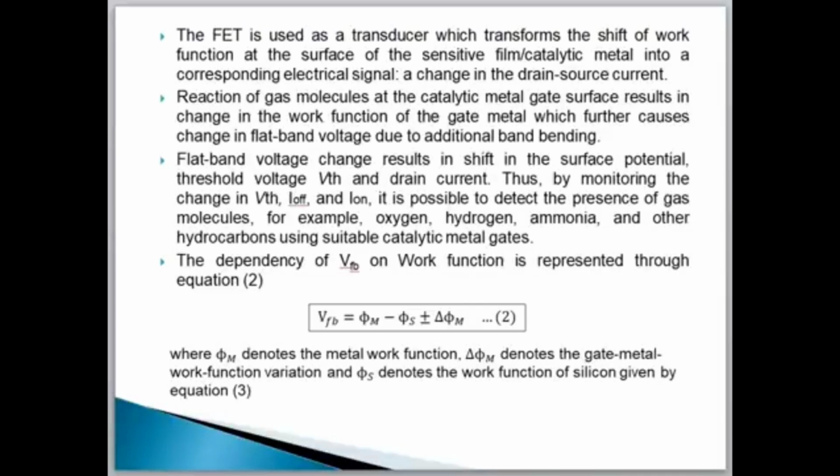Delta phi m denotes the gate metal work function variation. Delta phi m is equal to the metal gate work function without gas molecule minus the gate work function with gas molecule. And phi s denotes the work function of silicon, given by equation 3.